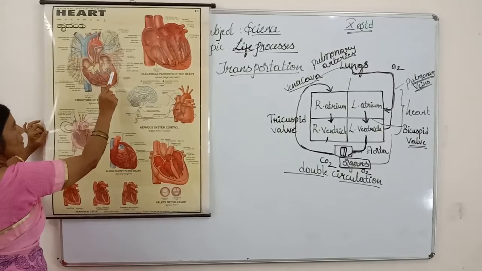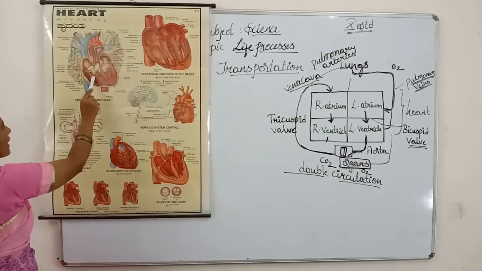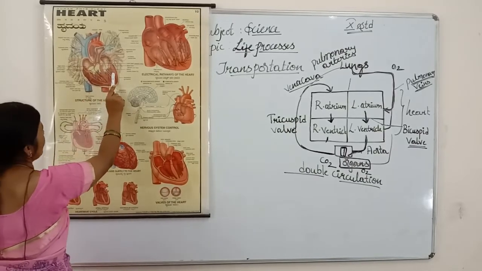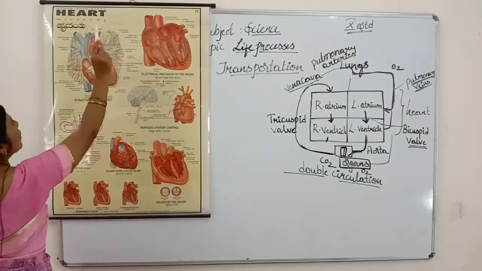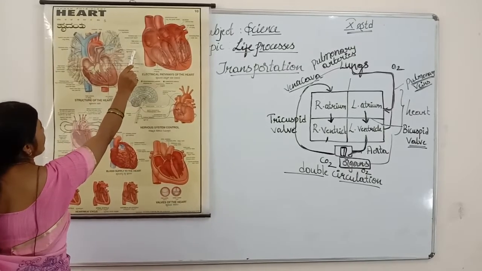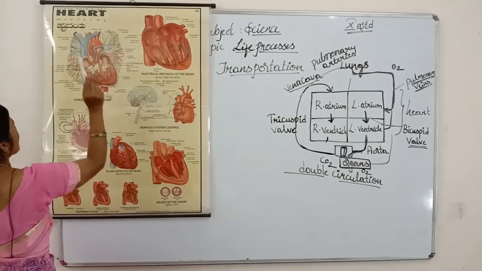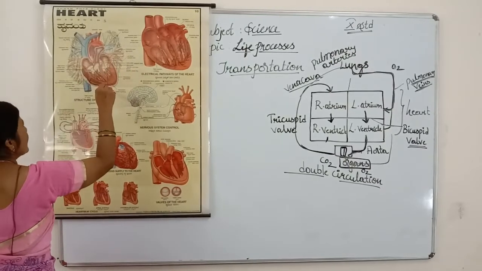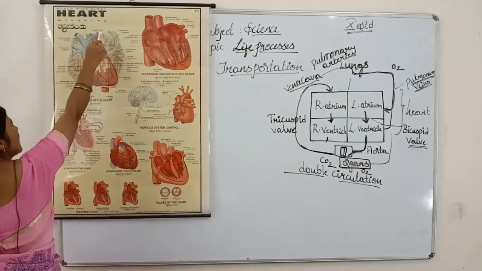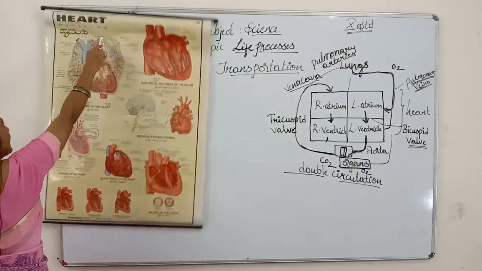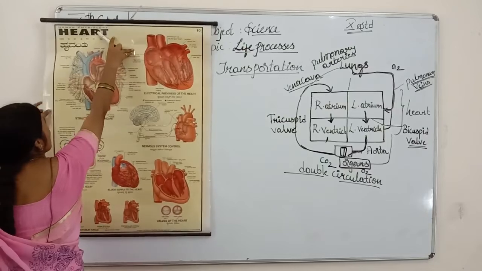Lower 2 chambers are called ventricles, right ventricle, left ventricle. We have pulmonary veins here and aorta here. I think it starts from here and we can see it here. It splits, isn't it? It splits into smaller branches.